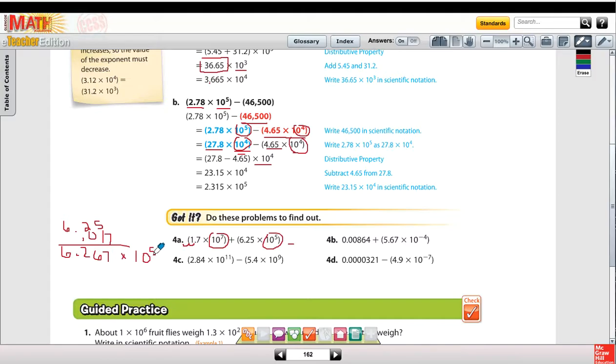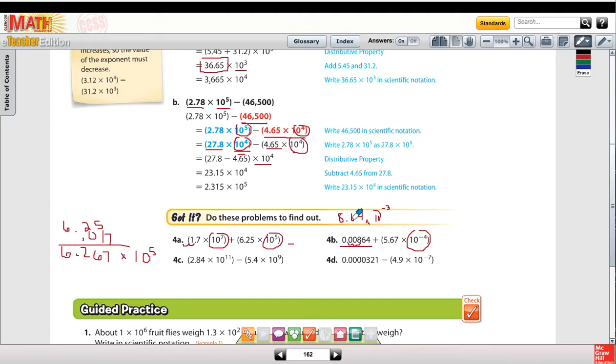Okay, let's take a look at 4b. This one does not have a number written in scientific notation, so we'll write that as 8.64 times 10 to the negative 123. Okay, and this one's 10 to the negative 4. So let's just make that 10 to the negative 4 on our original problem.